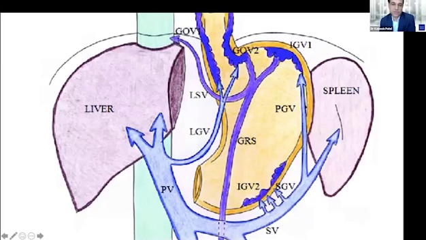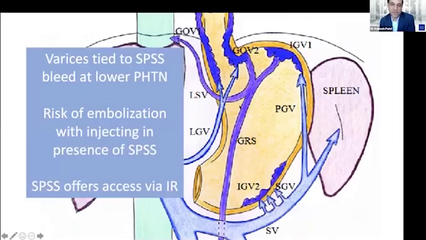Again, just another diagram to illustrate the underlying supply of the varices and how that allows us a couple of things. So what we've learned is GOV2 and IGV1s are supplied not only directly from the portal system, but have a connection here.